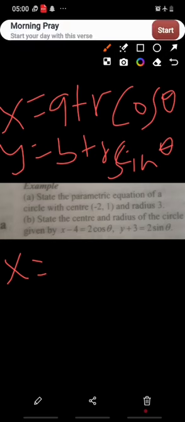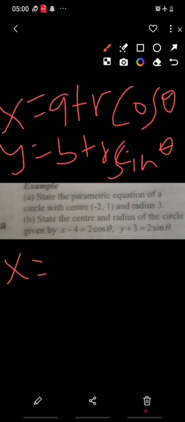So let's go back to the question. Now we have the center to be -2 and then 1, and the radius is 3. Therefore, the parametric equation is going to be x is equal to a, and a is always the first coordinate of the center.